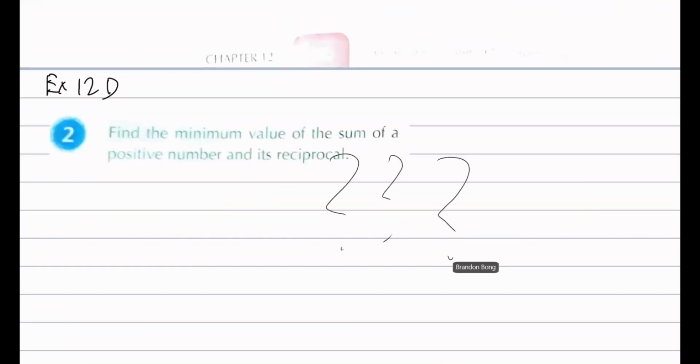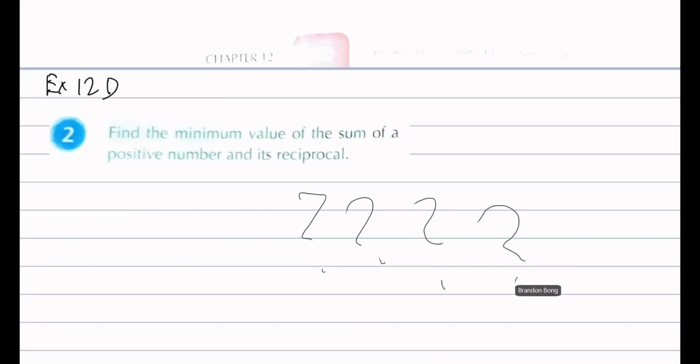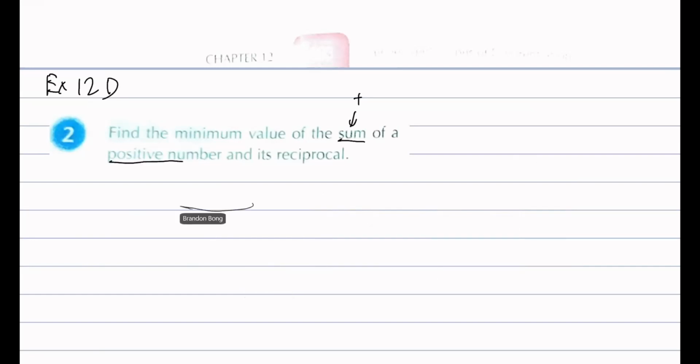So find the minimum value of the sum of a positive number and its reciprocal. So whenever you see the word sum, you must think it's a plus sign. When you see a positive number, you don't know what it is, then let x be the positive number. Then its reciprocal refers to 1 over x.